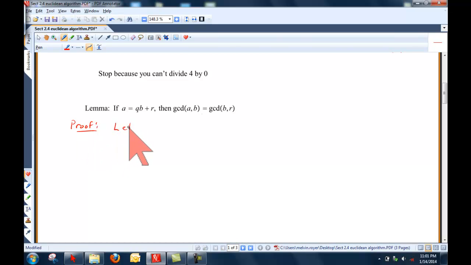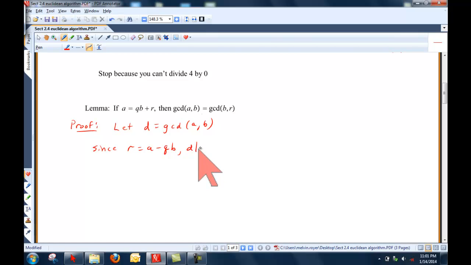Proof. Let's let D stand for the GCD of given integers A and B. And now, since R is A minus Q times B, just rewriting the result of the division algorithm, that's one thing we know.